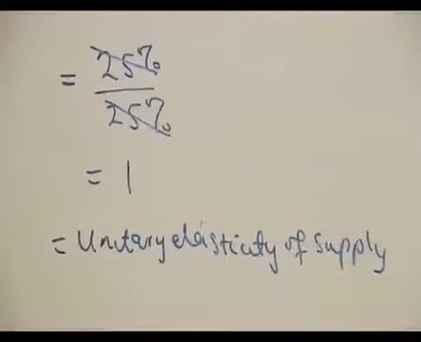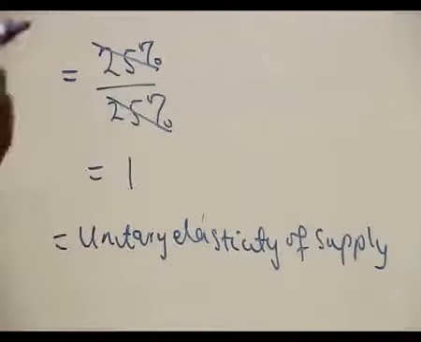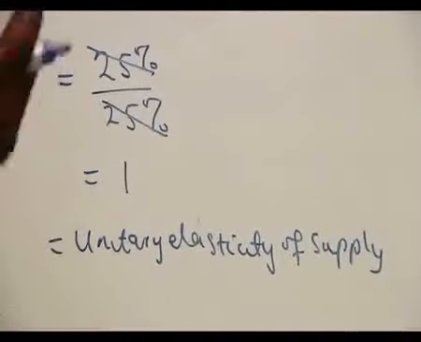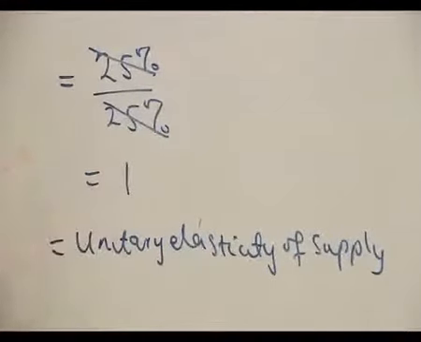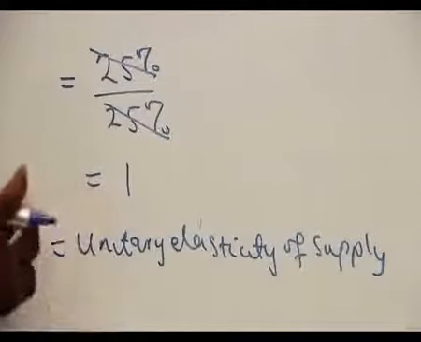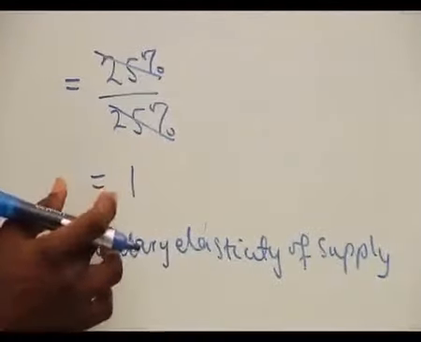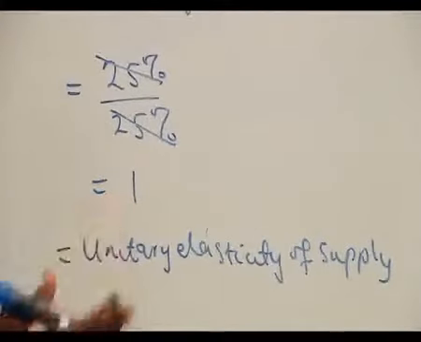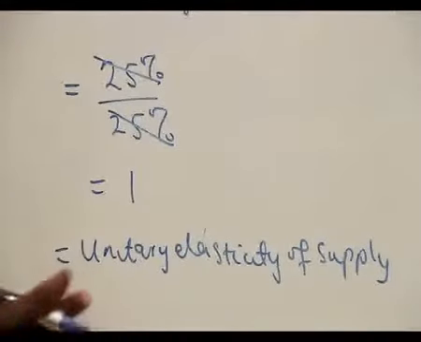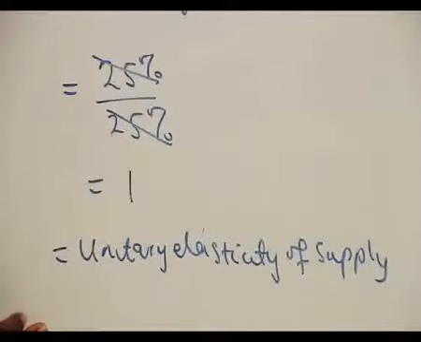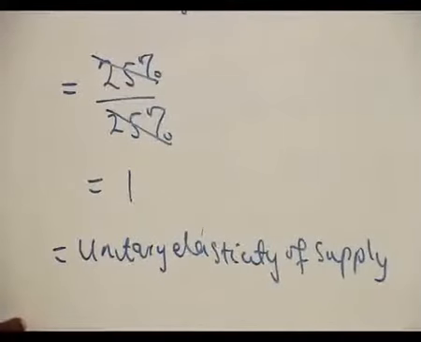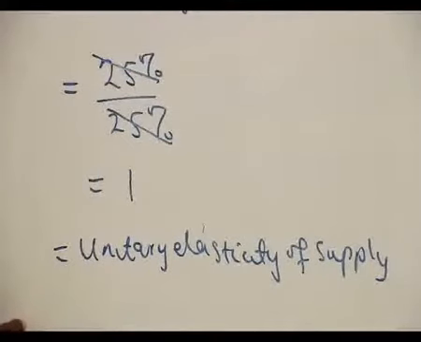If it is less than 1, it could be 0.9. If it is 0.9999, it's still less than 1. But if the answer is 1.999, it is not 1, it's greater than 1. So in price elasticity of supply, we have unitary, where the coefficient is always 1; elastic, which is always greater than 1; and inelastic, which is always less than 1.